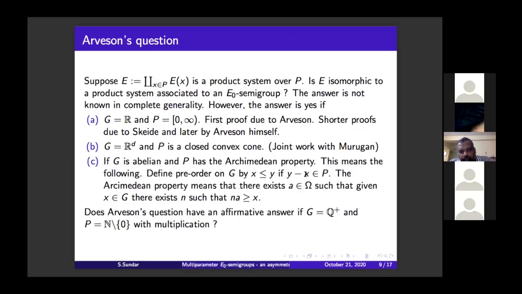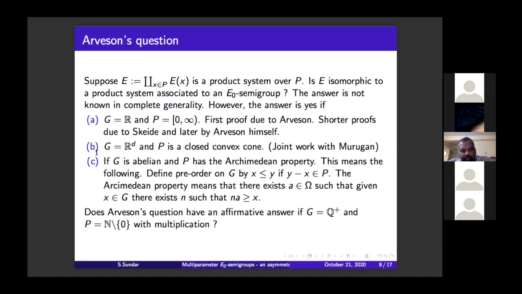The Archimedean property means the following. There exists a such that whatever x I give, there is a natural number n such that na is greater than or equal to x. In the abelian case with the Archimedean property, the answer is true.